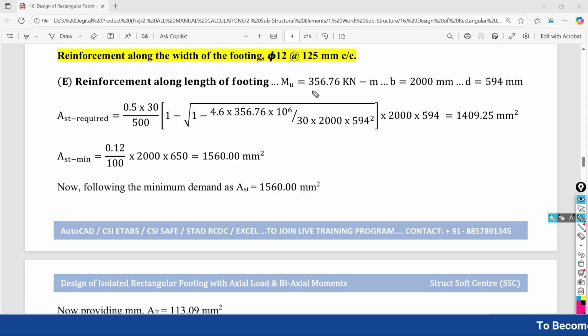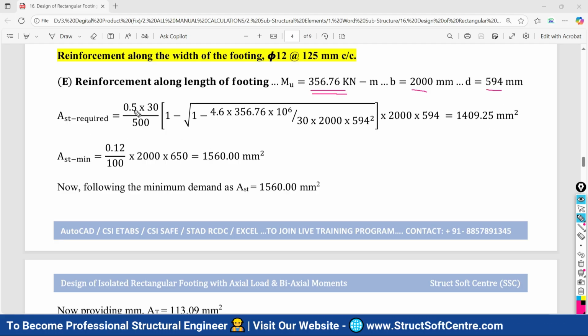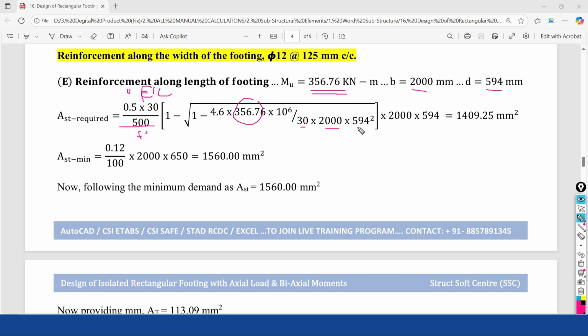Now moment along the length of the footing, 356.76, B is 2000 in mm, and effective depth is same 594 in mm. Again you have to put the values here in this formula. This is 0.5, this is the FCK divided by FY, this is your FY, and 4.6, this is the MU divided by FCK, B D square, this is your D square, and it is what?